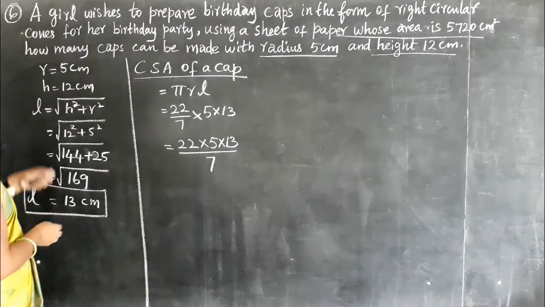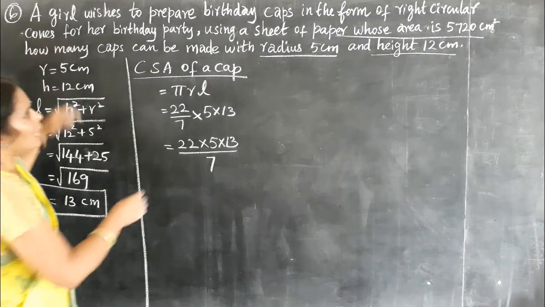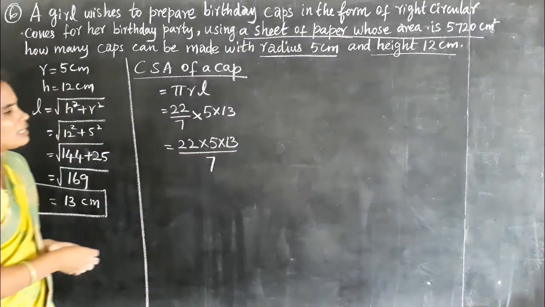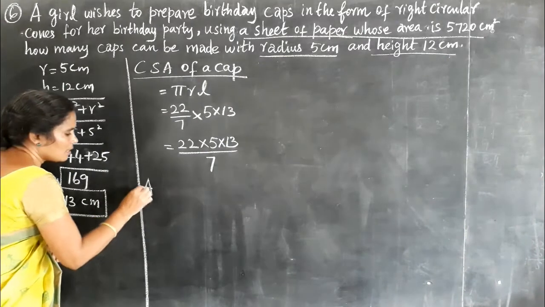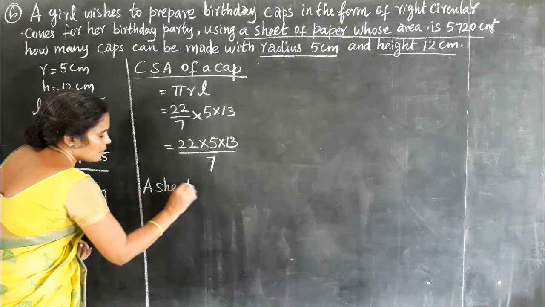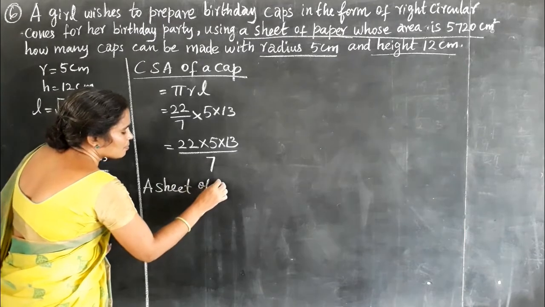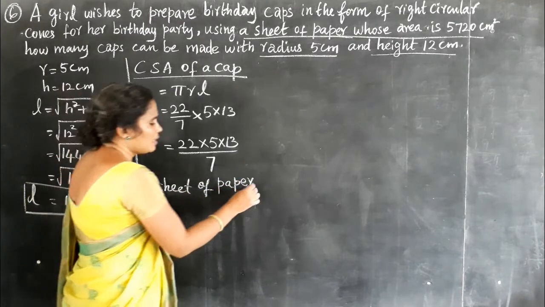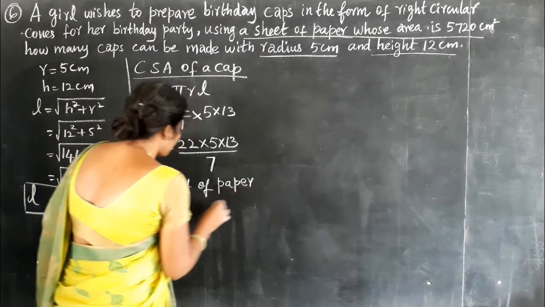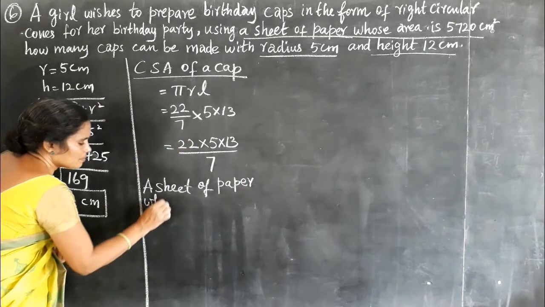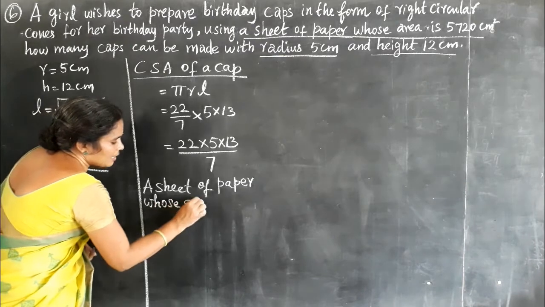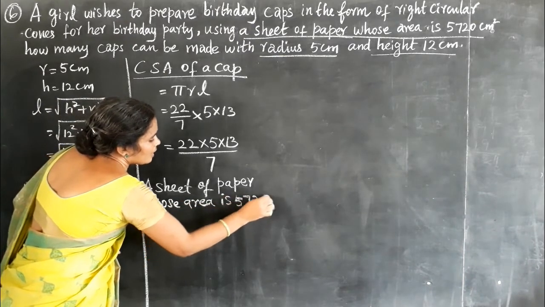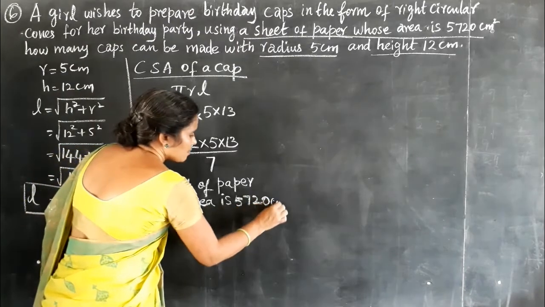Now it is given as a sheet of paper whose area is 5720 centimeter square.